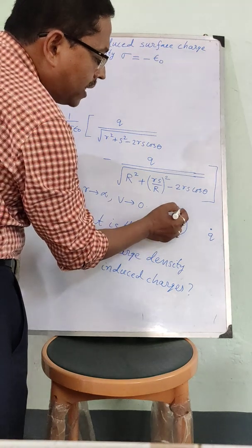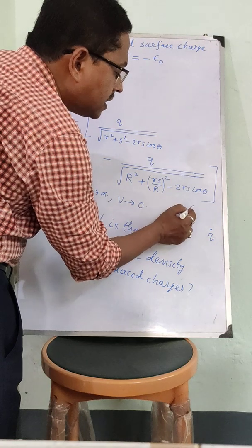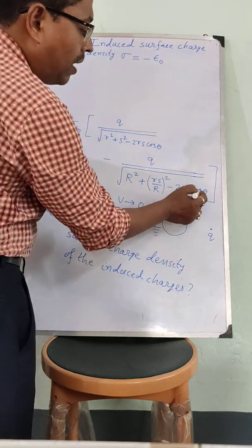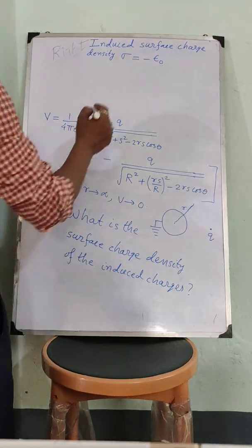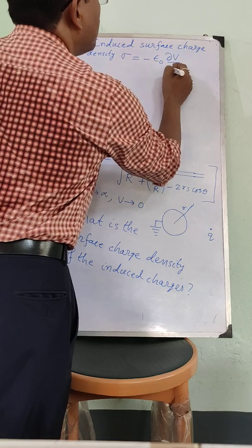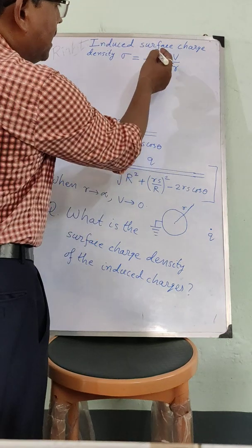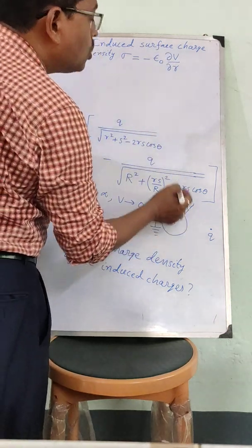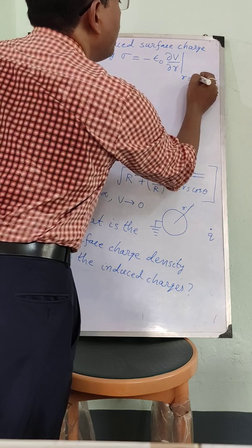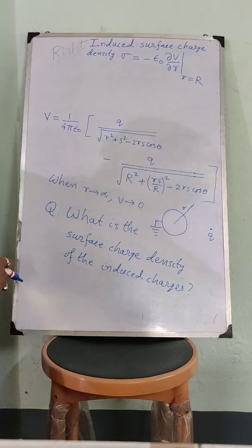Normal means normal to the surface of this sphere. So normal direction is the direction of small r. So normal derivative means we have to calculate del v del r, and these induced charges are on the surface, so we have to put small r equal to capital R. We have to calculate this by using this expression.